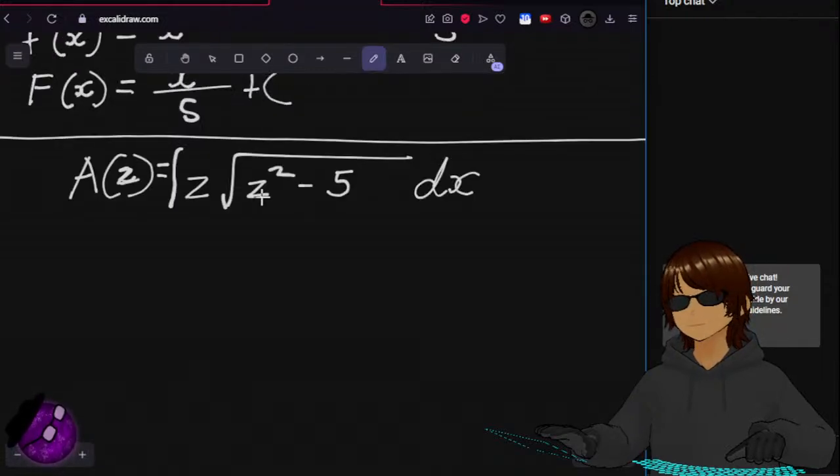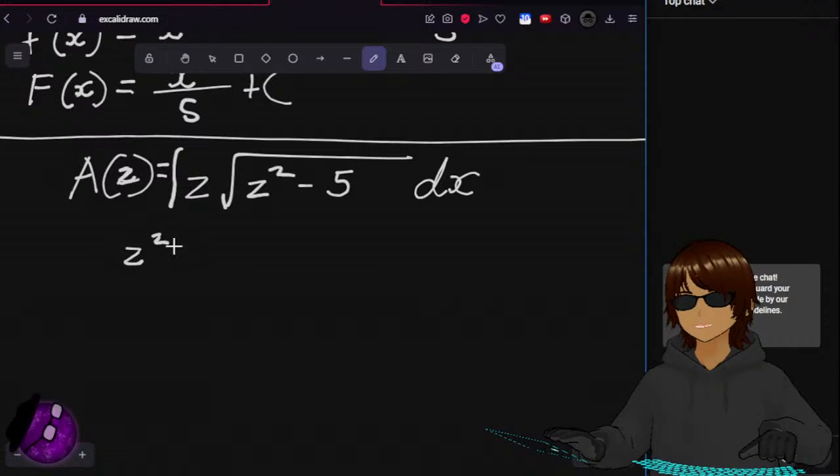So, z squared minus 5. Let me see. The derivative of z squared minus 5 is 2z.